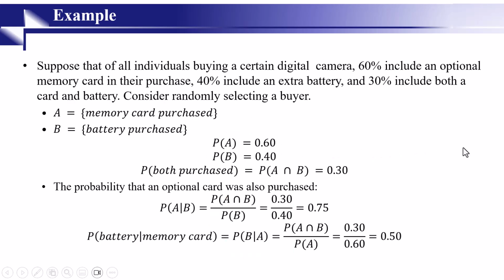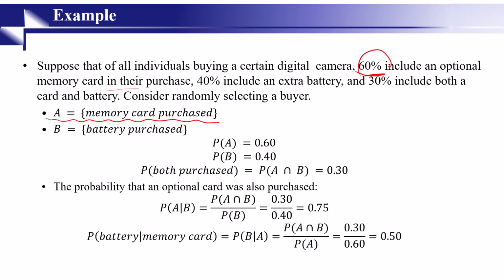Here is another example. Suppose 60% of people buying a digital camera get an optional memory card. We show this by event A, memory card purchased along with the digital camera, 60%.